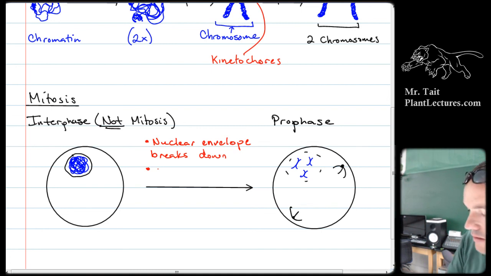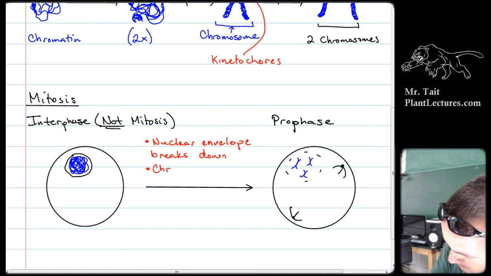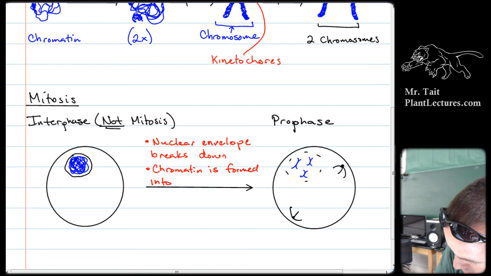The chromatin, the tangled up part, gets all bound together, organized in these things called chromosomes. So chromatin is formed into chromosomes.